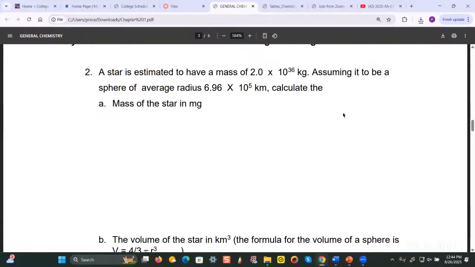To do that, start off, of course, with what you're given, which is 2.0 times 10 to the 36 kilograms.